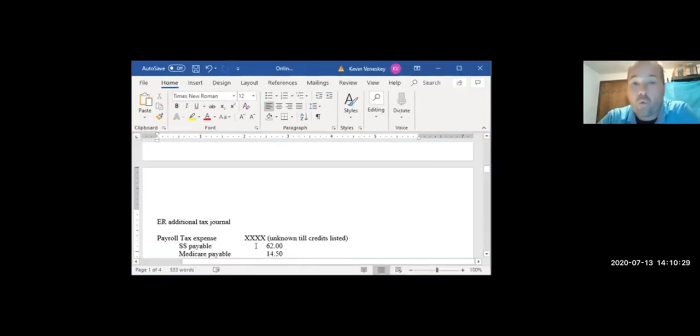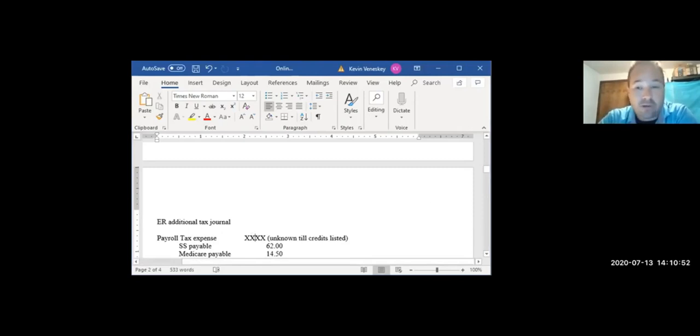We're going to have one debit, just like how we did above with wages expense, because we knew what that was. It was $1,000. We're going to have one debit here. It's just we don't know what it's going to be until we do all of the credits, until we figure up all of the different amounts that the employer owes.